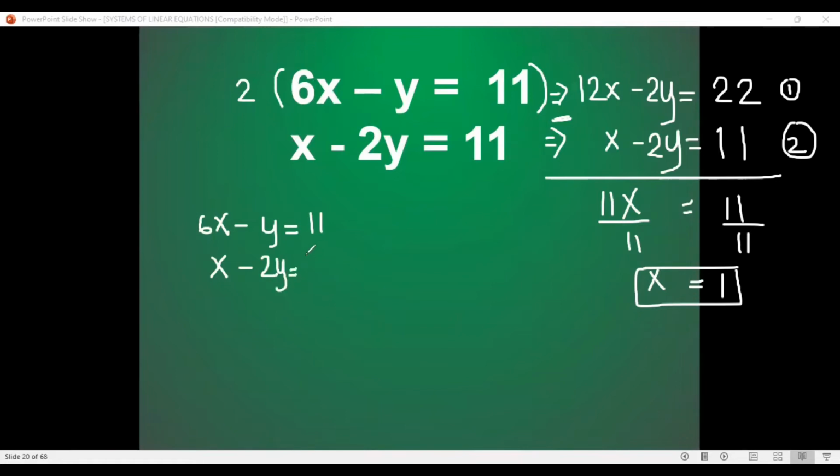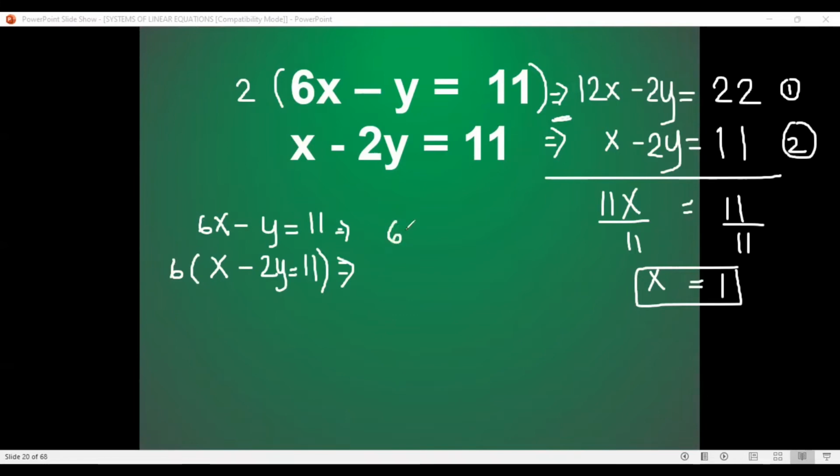Since we want to eliminate our x as the variable, what are we going to do? We multiply the second equation this time by 6.